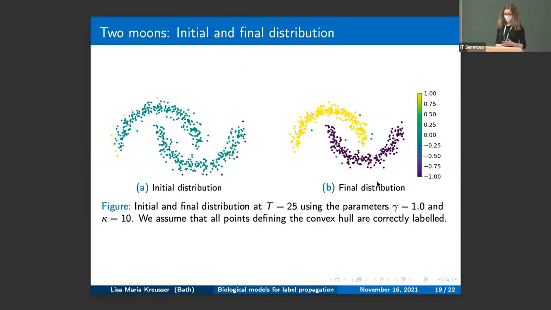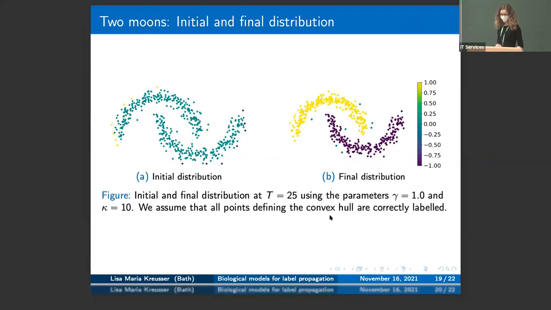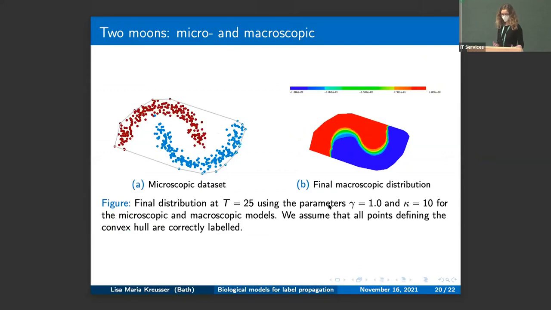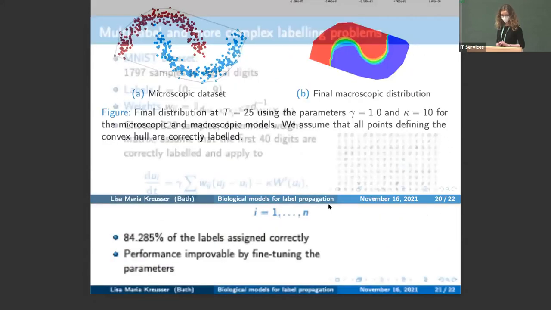You can also apply this type of model to more complicated underlying distributions. For instance, in the 2-dimensional setting, you might consider the 2 moons data set where a few points are initially labeled and all the others have homogeneous initial data, where you can see those clusters as the stationary solutions, which can be done in the microscopic setting as well as in the macroscopic setting.